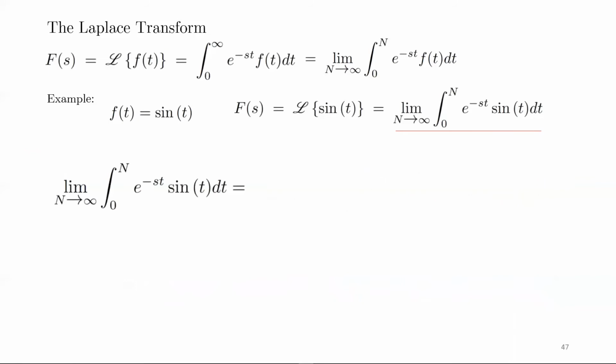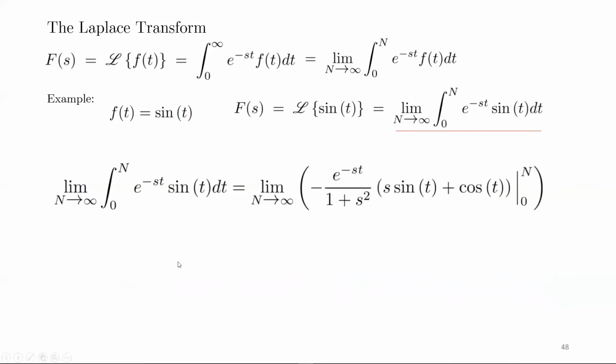And finally I get that the original integral we are trying to solve is the limit as n goes to infinity of e to the minus st, minus that over 1 plus s squared, times s times sine of t plus cosine of t, all evaluated at n and 0. And not forgetting that we're taking the limit as n goes to infinity.